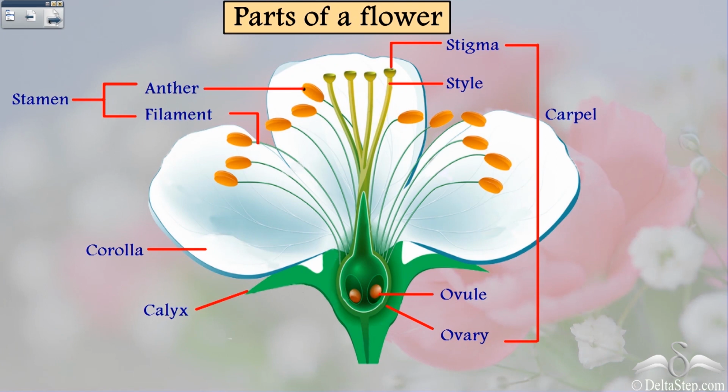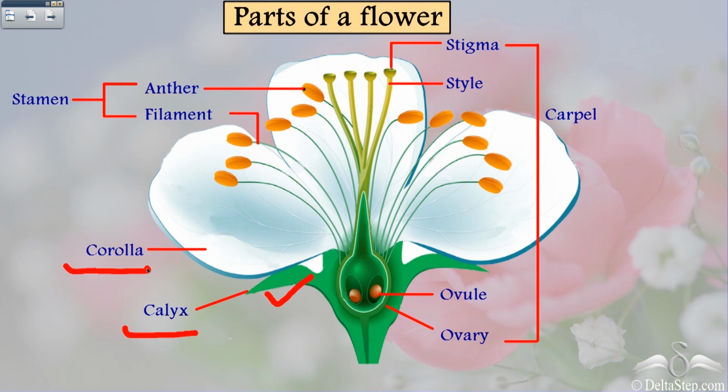So, let's revise what are the parts of a flower. So, first, the parts of the flower which are present on the outside are known as calyx, that is these green leaf-like structures, then the corolla, and then we have the two most important or essential parts of a flower, that is the androecium and the gynoecium.